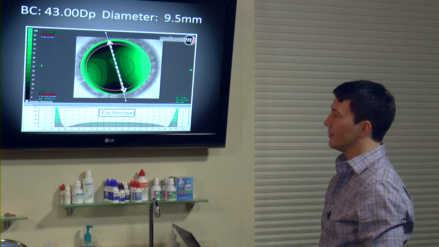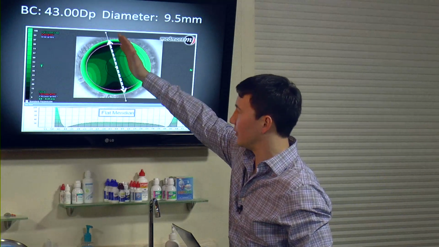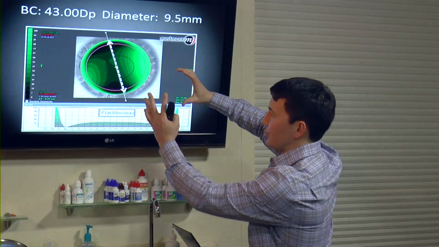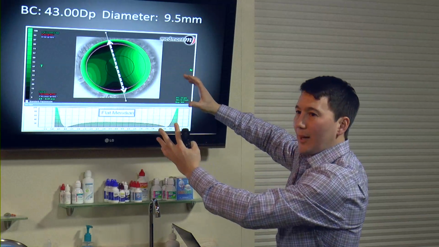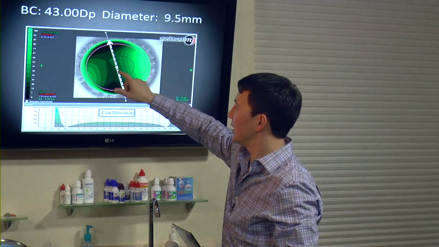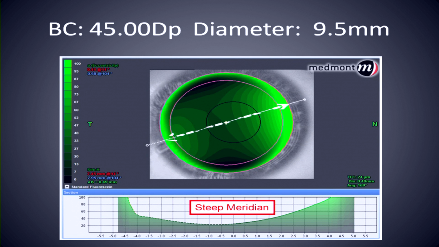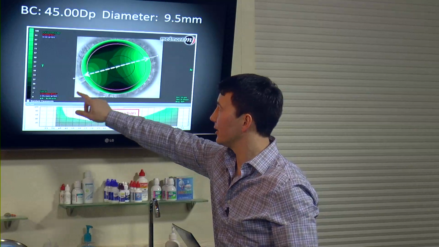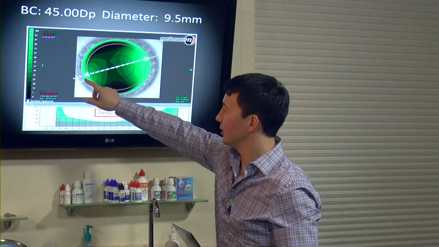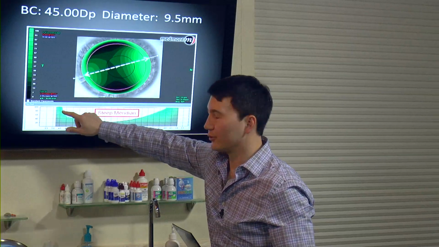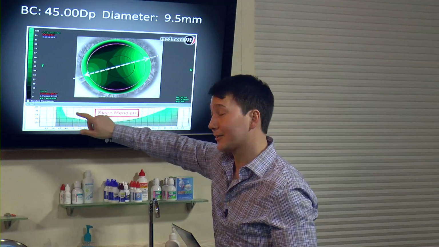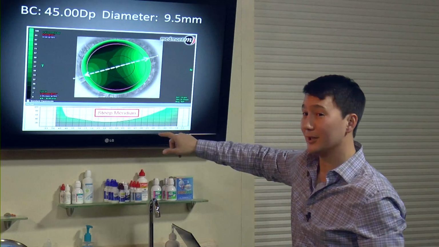If you look at the flat meridian running vertical, when we drop the spherical GP on this eye, what happens? It hits heaviest at 12 and 6 o'clock. So then what happens in the horizontal meridian, the steepest meridian, where we have the most curve to the eye? We're going to have all this fluid vaulting. So as we go from center to periphery, the fluid thickness is getting thicker and thicker and thicker in both meridians.